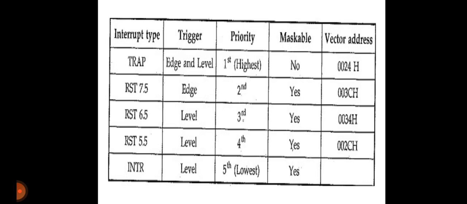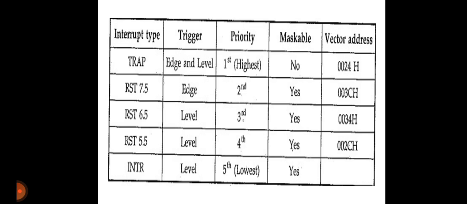This is an edge triggered interrupt with second priority. It is maskable and its address is 003CH. Next is RST 6.5. This is a level triggered interrupt with third priority. It is also maskable and its address is 0034H.